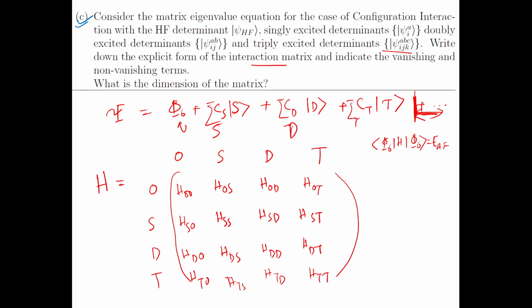Now, from Brillouin's theorem, you have already learned that if your reference is phi Hartree-Fock, then your Hamiltonian is decoupled from the single space. This is basically zero. That is from Brillouin's theorem.